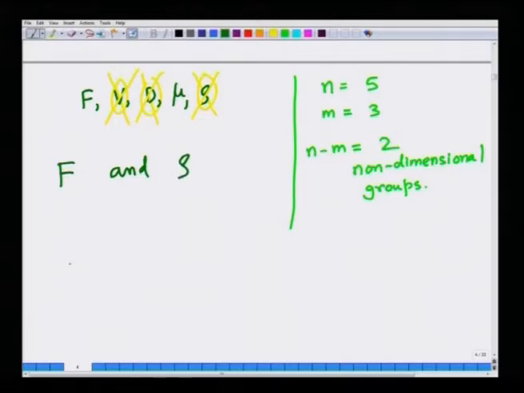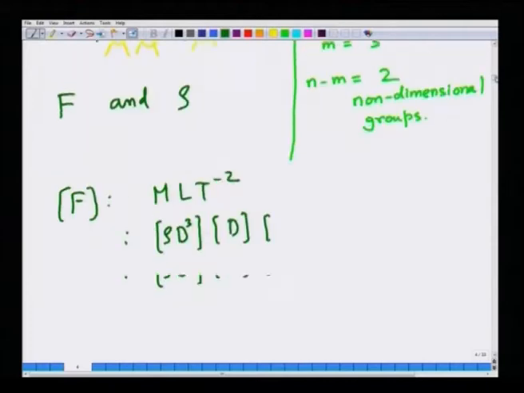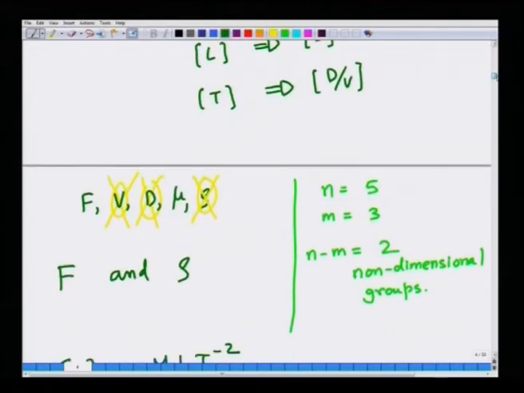Okay. So, the dimensions of f are m L t to the minus 2. Okay. So, in our repeating variables, you can get the dimensions of mass by multiplying rho by d cubed. Dimensions of length is d. Dimensions of time is essentially d by v.